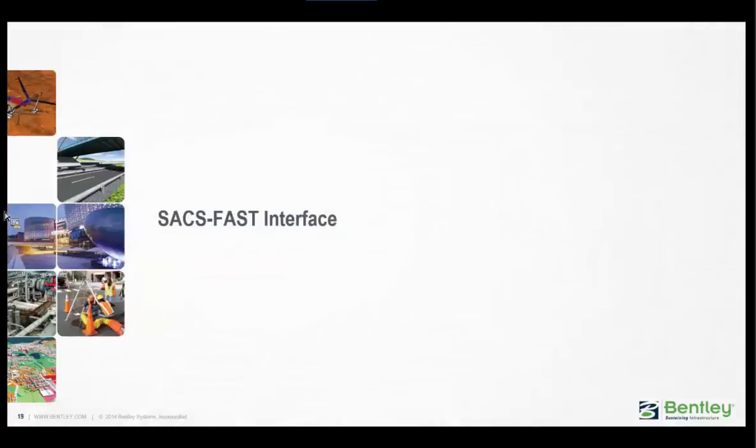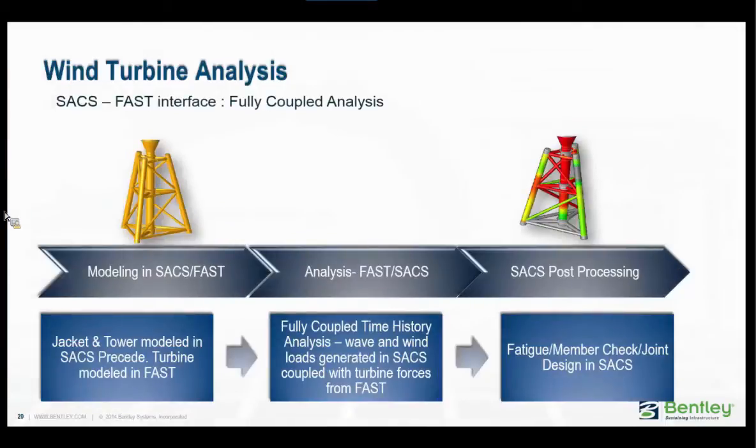Next, looking at the SACS Fast option. Here again, we have a fully coupled analysis, and in this case we've combined the actual FAST code with the actual SACS wave response code. These two are combined and compiled together, and then we can actually model the structure in SACS.